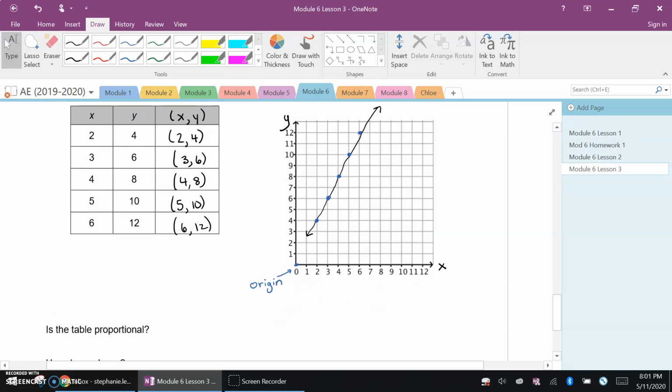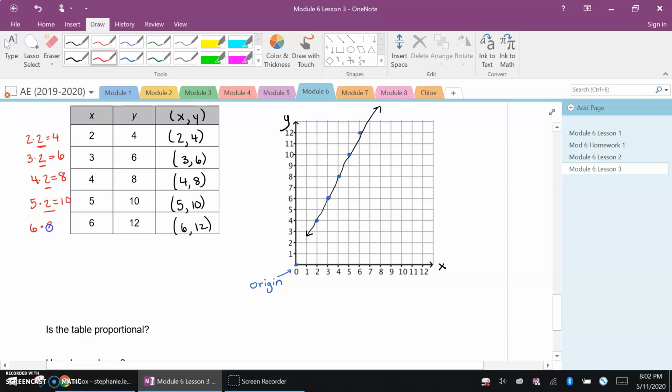So now the question says, is the table proportional? We know that 2 times 2 does give us 4, so we know that one works. 3 times 2 does give us 6. 4 times 2 does give us 8. 5 times 2 gives us 10.